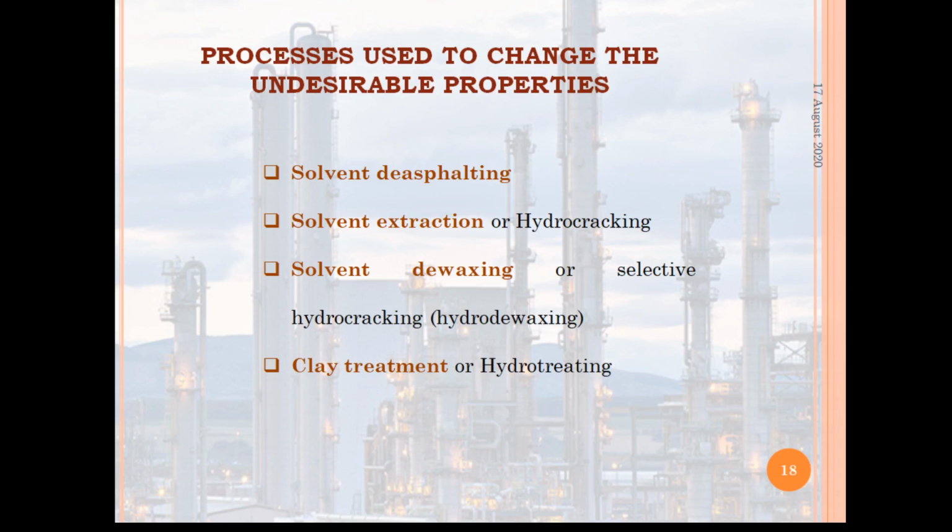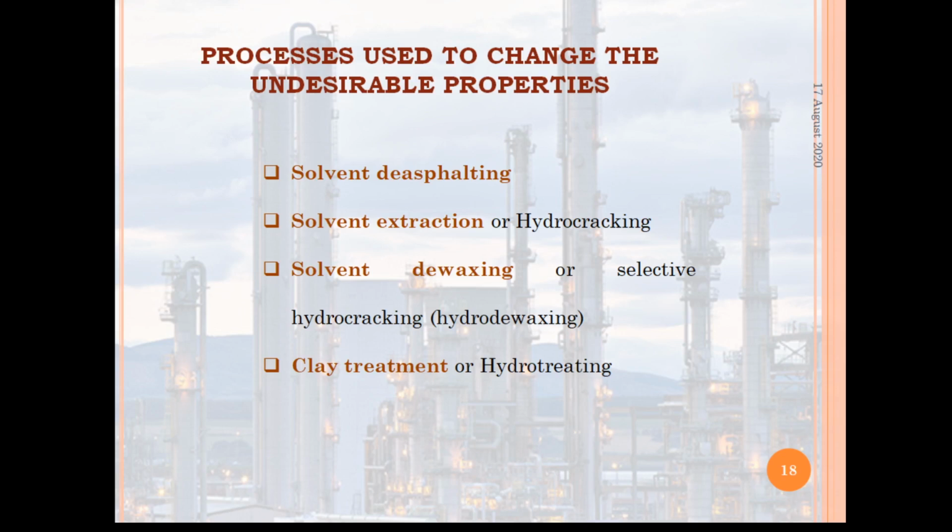And then from the vacuum column we have the vacuum residue and vacuum gas oil, which we send through several treatment processes: hydrocracking, catalytic cracking, or lube oil processing. Today we just discuss the lube oil process units.